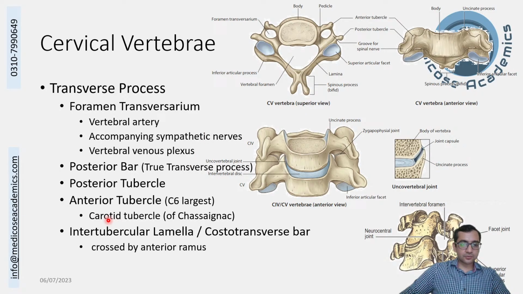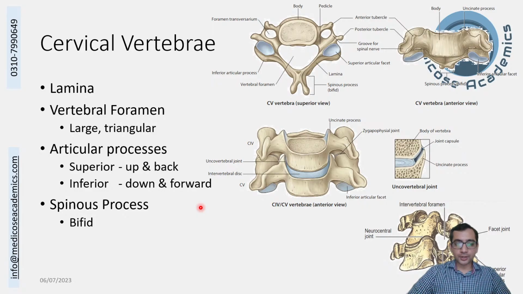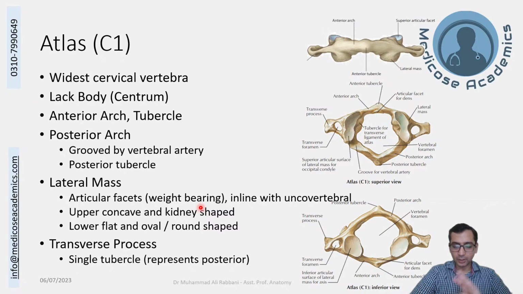The thing I did not discuss was this: the anterior tubercle is the largest for the sixth cervical vertebra, C6, known as the chassaignac tubercle or carotid tubercle. We talked about the lamina moving backward and medially, the vertebral foramen large and triangular, larger than the thoracic and lumbar, larger than the body. We talked about the articular processes in their directions. We talked about the spinous process.